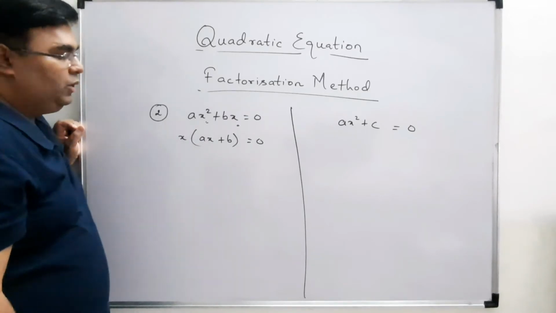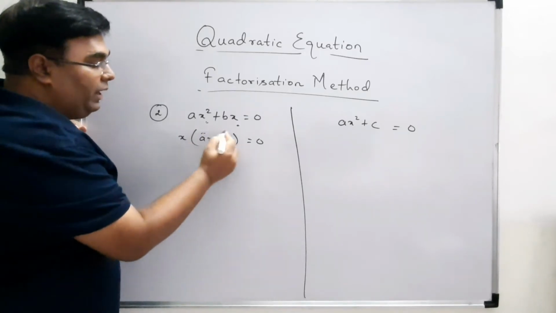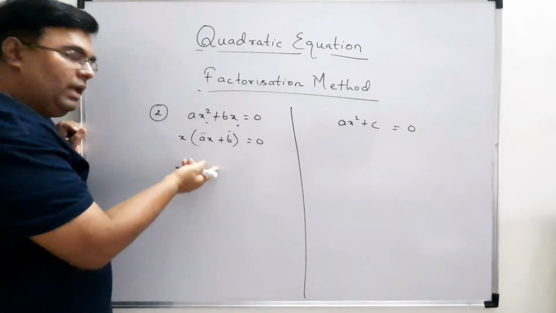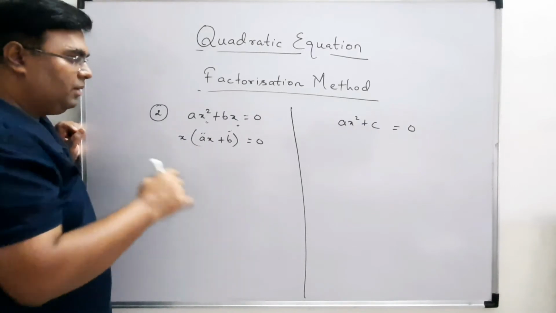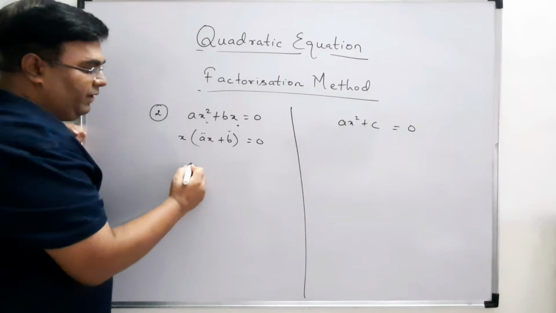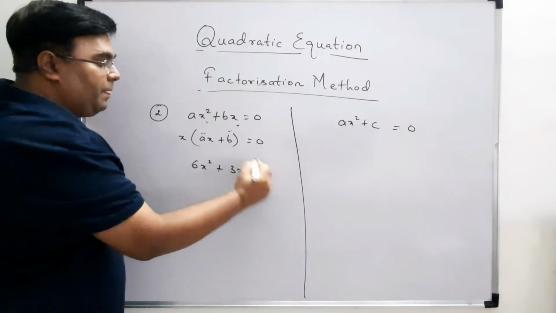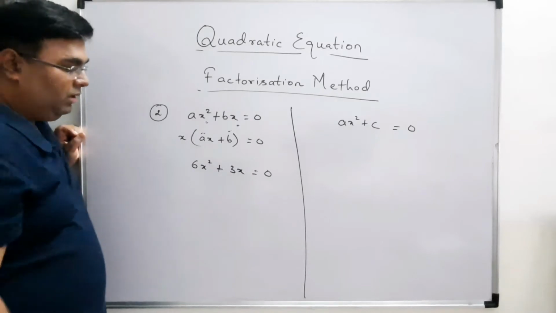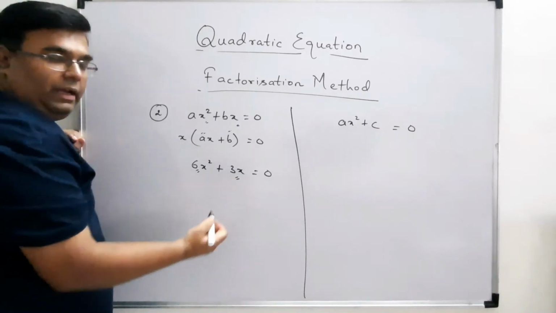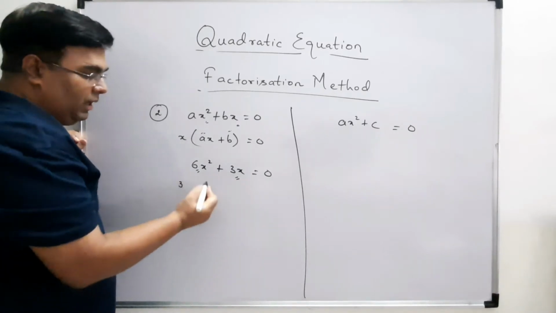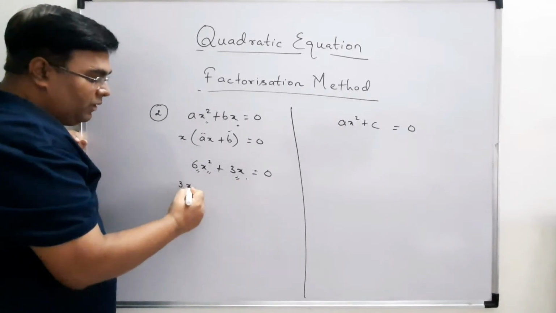And if you can take common from a and b also, then you can take it out. For example, let's say if I have an equation like 6x square plus 3x is equal to 0, then from 6 and 3 we can take out 3 common, and of course x will be the common there.